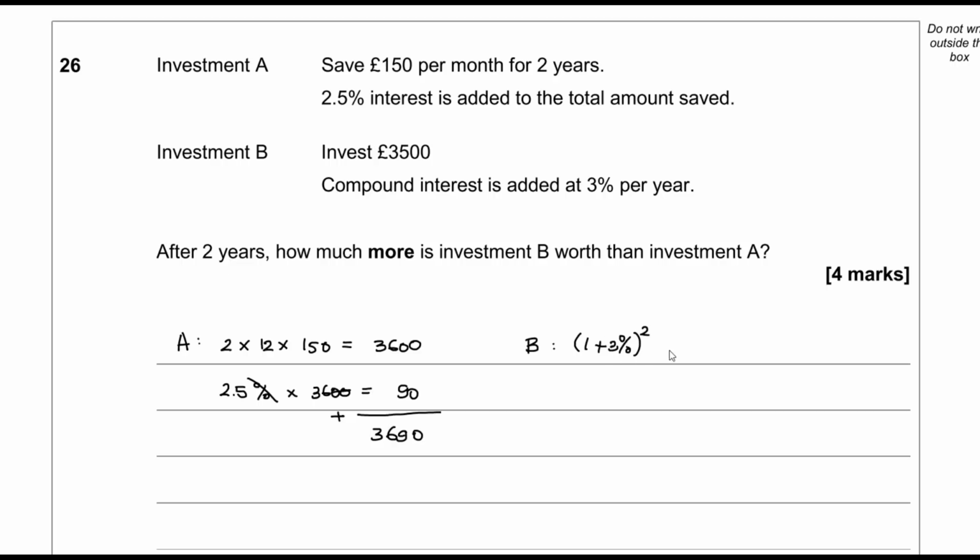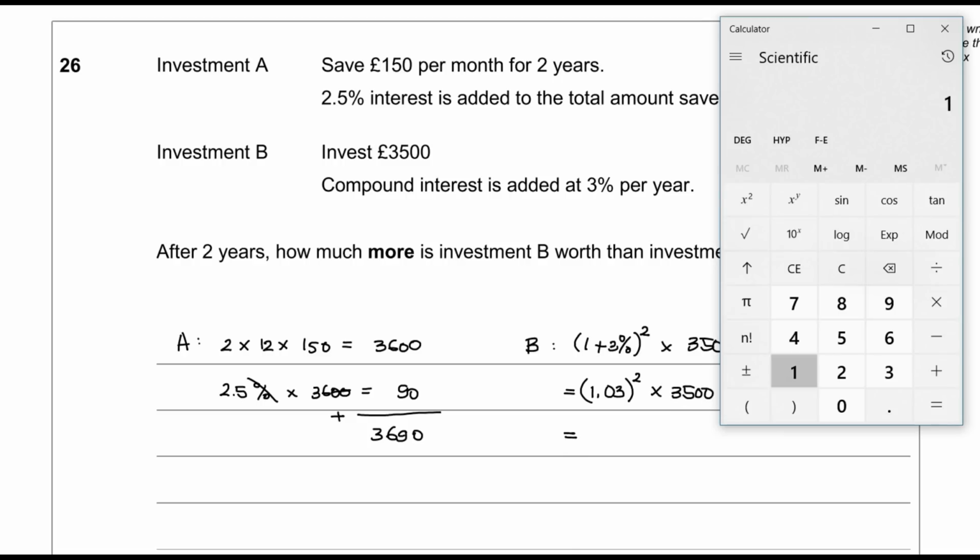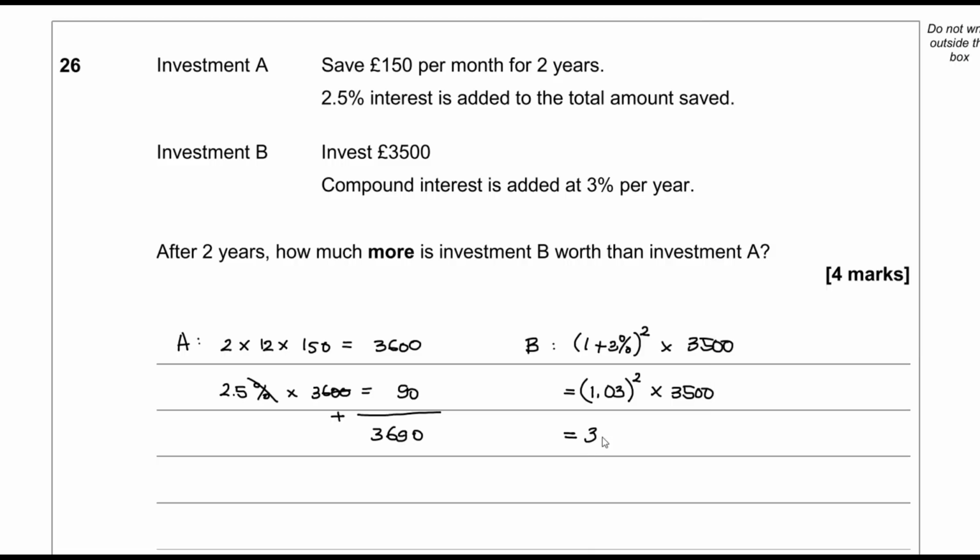And then you times it with your original investment, 3,500. Let's use our calculator here. 1.03 squared times 3,500. You get 3,713.15. Let's write it down.